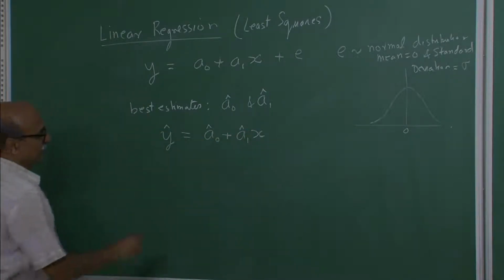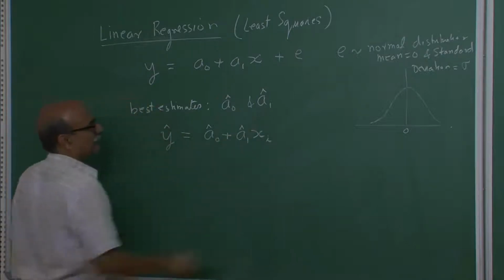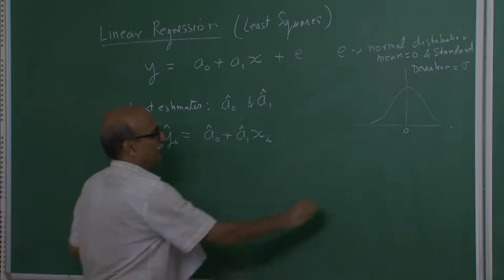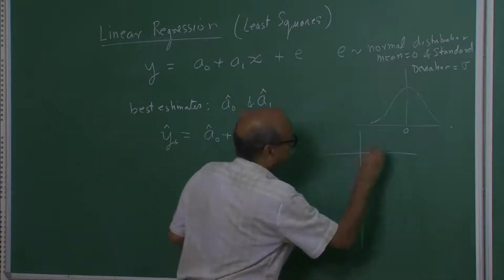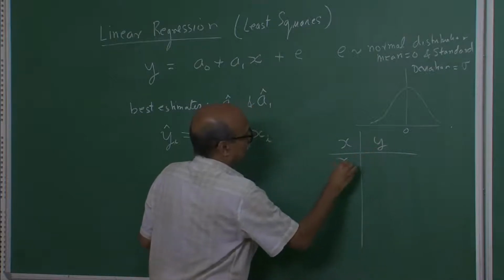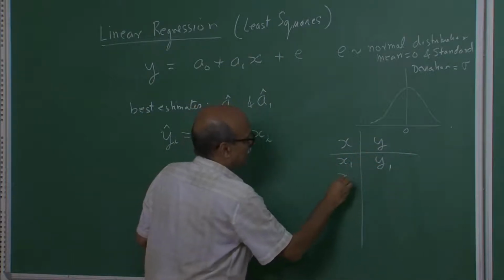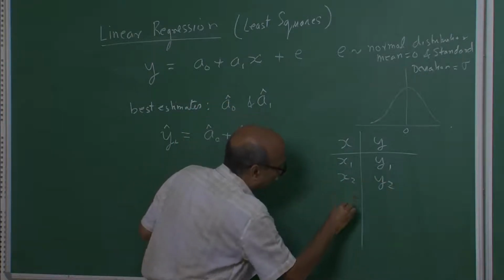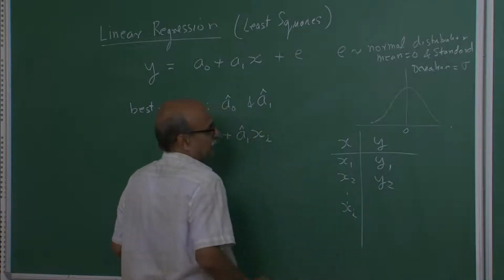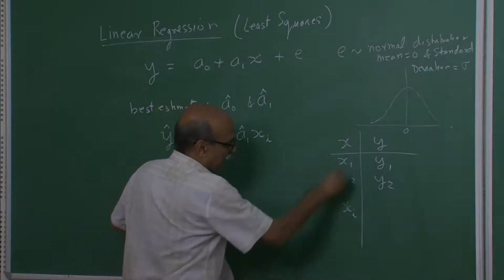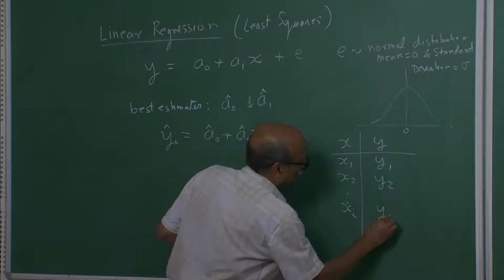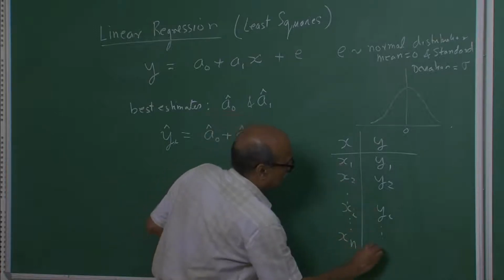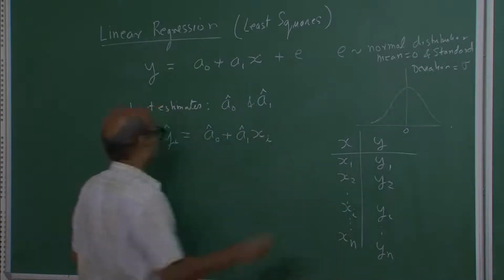Now, if this is the ith value of the independent variable xi, then this is the ith response. So, I have a set of data here, x and y. I have x1, the response is y1; when x takes up the value x2, the response is y2, and so on, up till xi with response yi, and so on up till n, if I have n data points that I have collected.